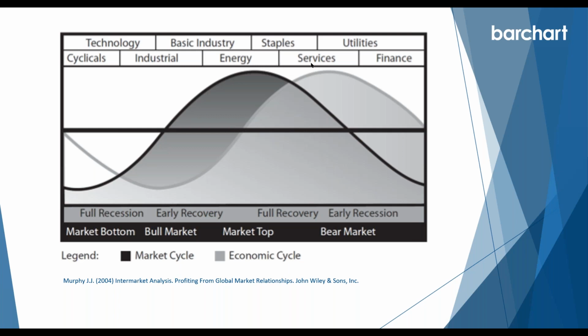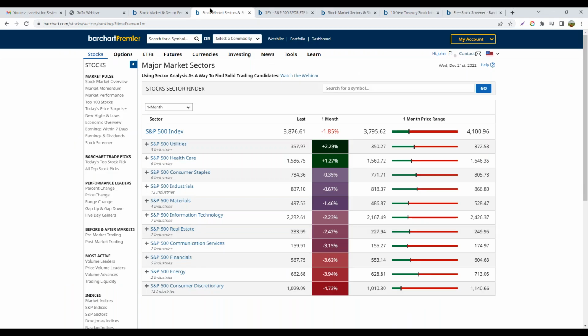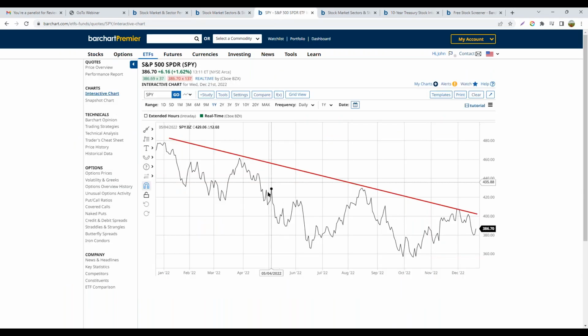So what we're now seeing is, where are we in the market cycle? Well, if you hadn't seen a chart, you didn't know what a chart looked like in terms of the overall market, we would say that we're in the bear cycle, and that is exactly where we are, right? And we look at the S&P. This is just a line chart of the SPY, which is the ETF that represents the S&P.